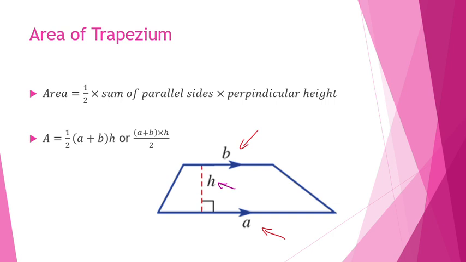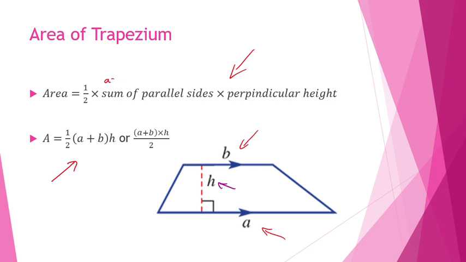The next step is to use the information and plug it into the formula. This is the formula right here: A is equal to 1/2 times (A plus B) times H. This may seem confusing at first, but it's 1/2 times the sum of the parallel sides.